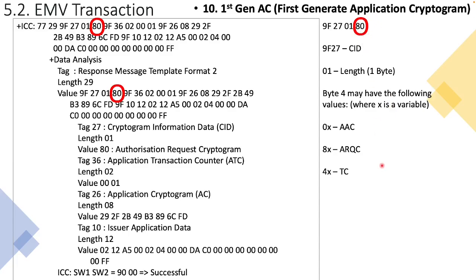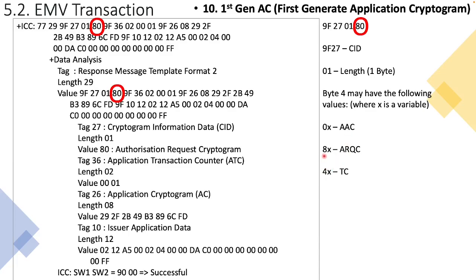When it comes to the card, remember the terminal, we had only 6 possible outcomes. With the card, there could be more detail. So the important thing to remember is in this 1 byte value, so 1 byte says that there's 2 characters, focus on the first character. If it starts with a 0, it means that the card has decided to decline the transaction. It's generating an AAC.